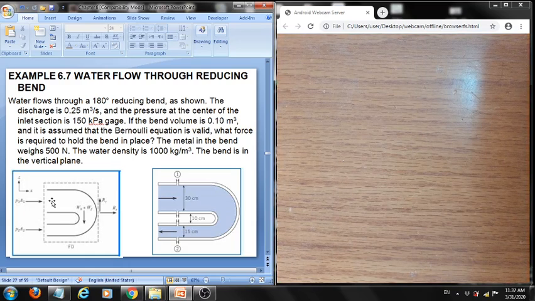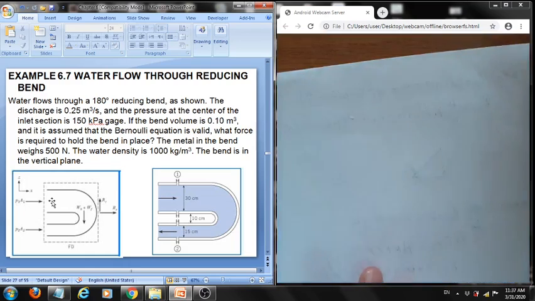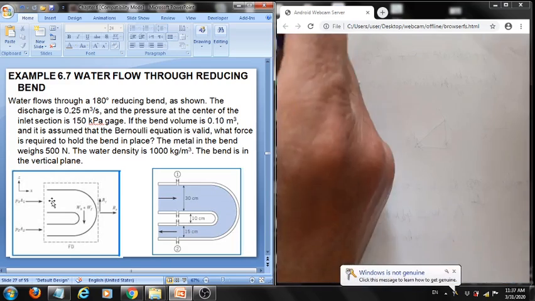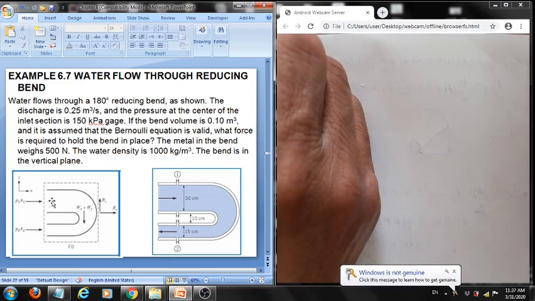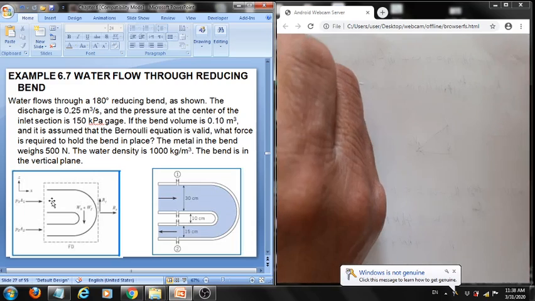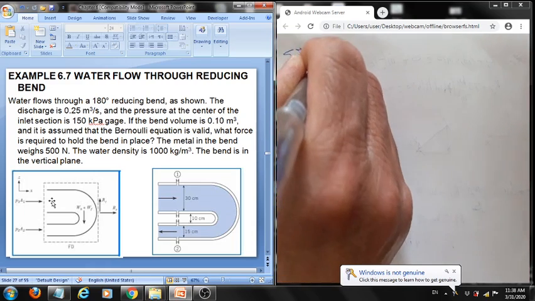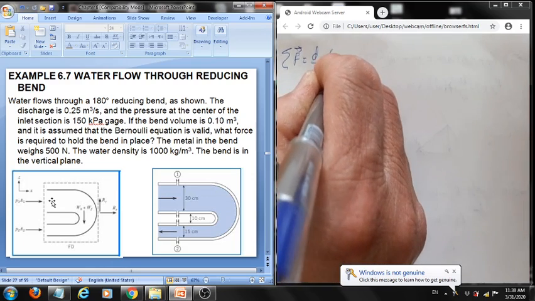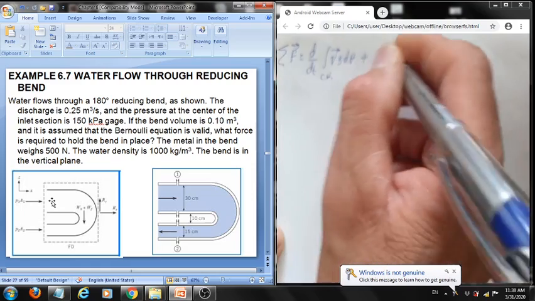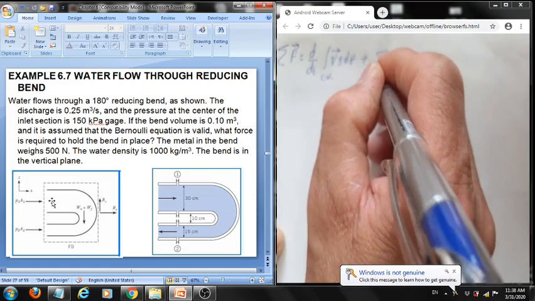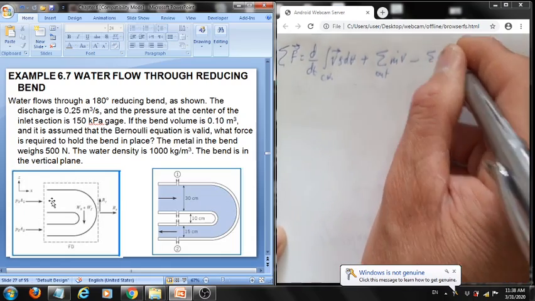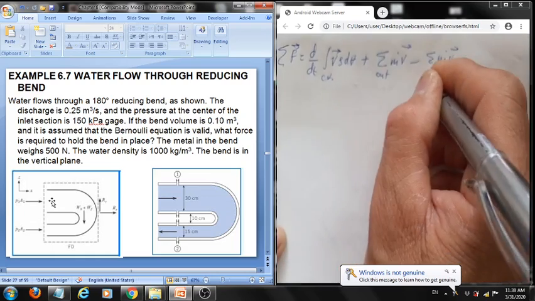So we will follow the same procedure as we did before in solving this problem by the application of the Bernoulli equation and the momentum equation, which says the summation of forces acting on the control volume equals the time rate of change of momentum inside the control volume, plus under uniform conditions we have m dot V out minus m dot V in at the inlet.